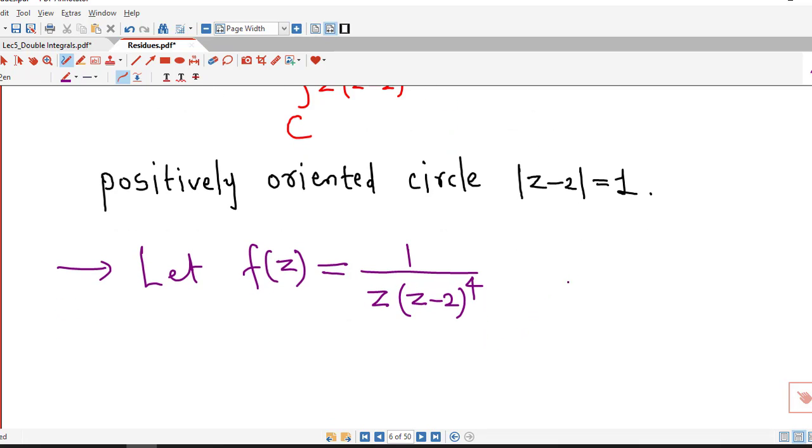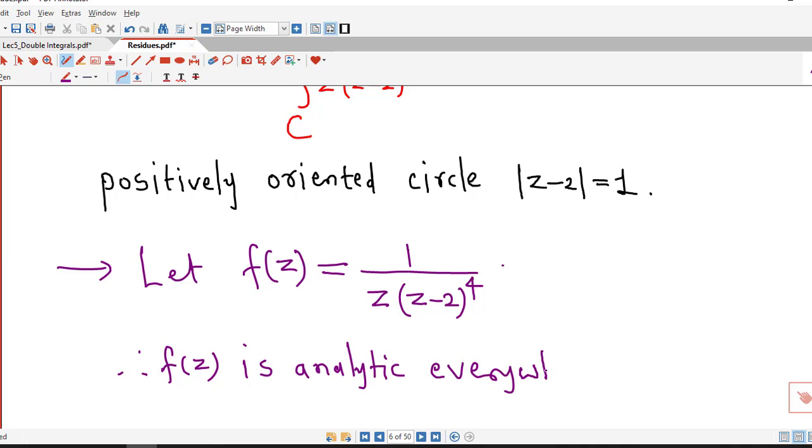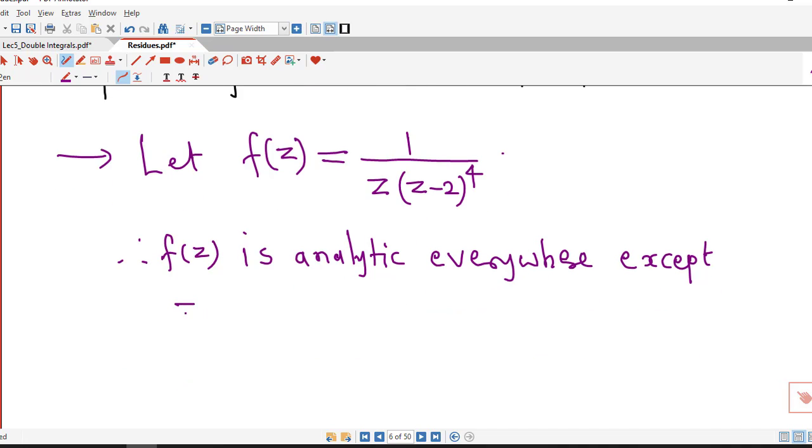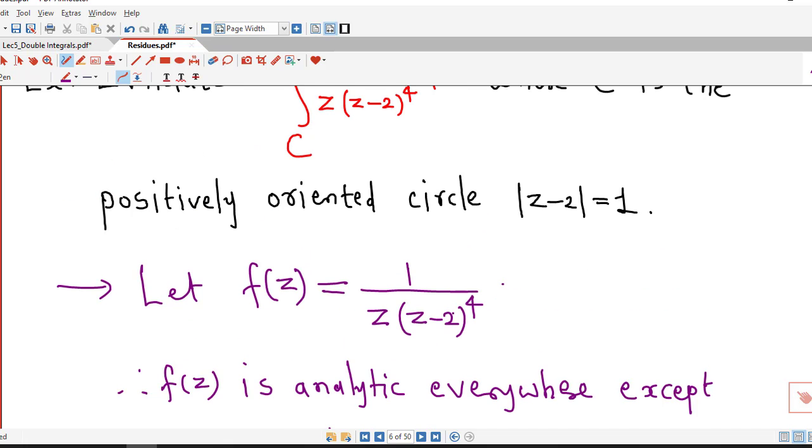This function is analytic everywhere except at the two points at which the denominator is 0, so except z equal to 0 and z equal to 2.